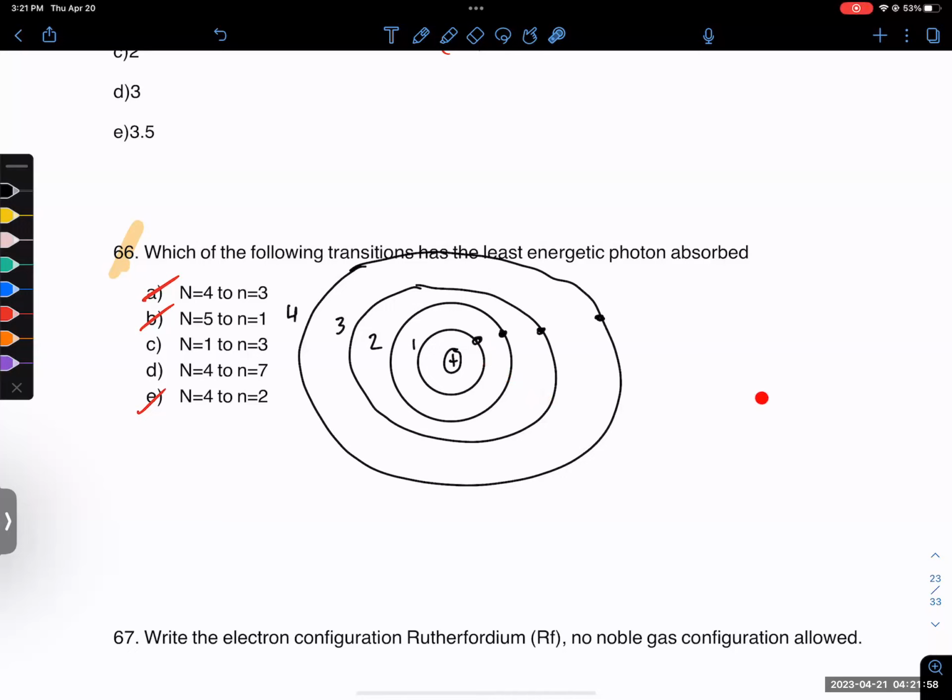Whereas the 4th energy level is further out from the nucleus, so you don't need as energetic a photon to reach the electrons on the 4th energy level, which is why the answer is D.